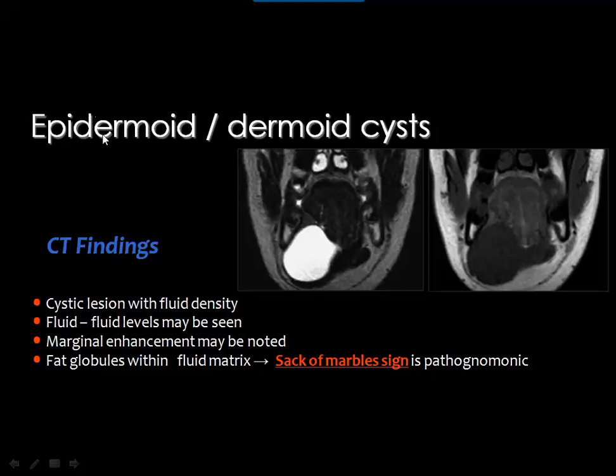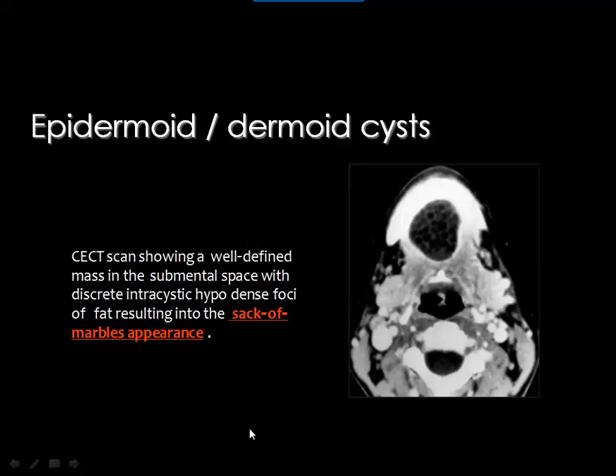Then you think of epidermoid and dermoid as possibilities, and sometimes if there is fat you may get some fluid levels, and also in a few cases you may have marginal enhancement of the lesion, but this classic appearance, which is known as the sack of marble sign, is pathognomonic for the diagnosis of dermoid cyst.